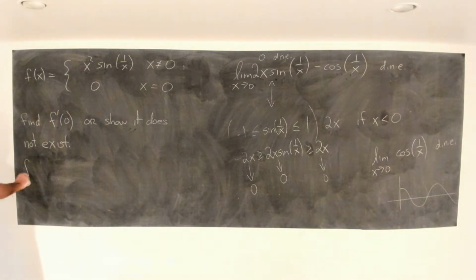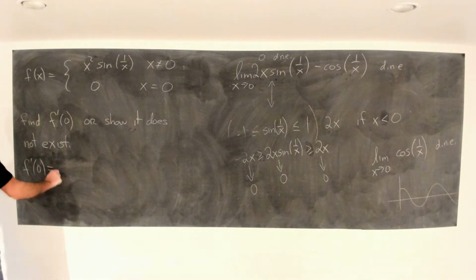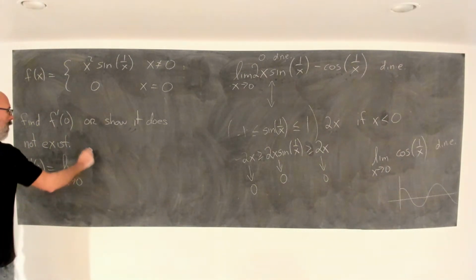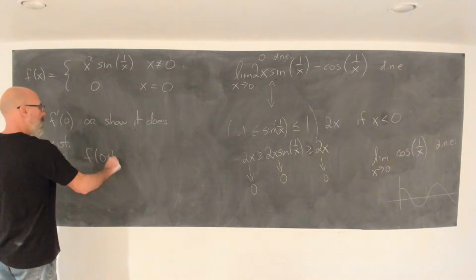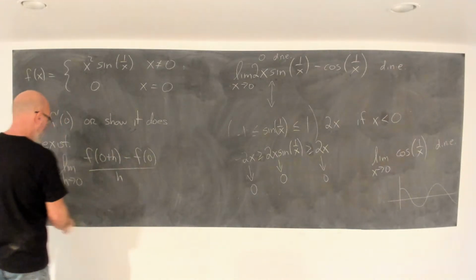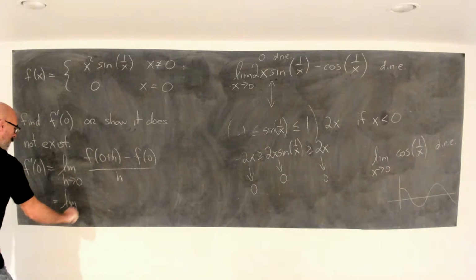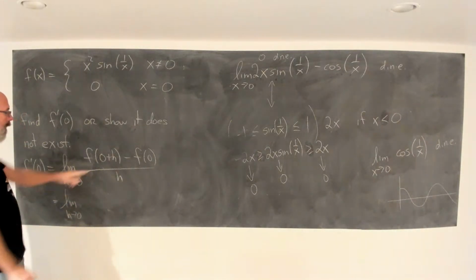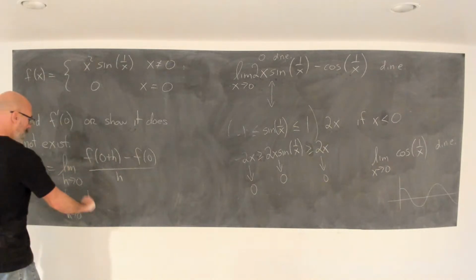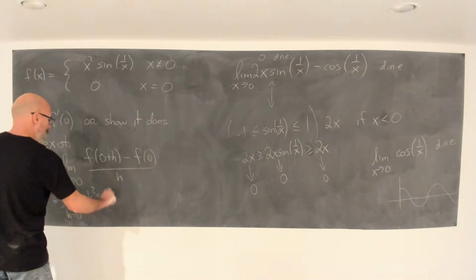Here, the derivative at 0 is just the limit as h goes to 0 of f of 0 plus h minus f of 0 over h. And what is that? F of h is h squared sine 1 over h.